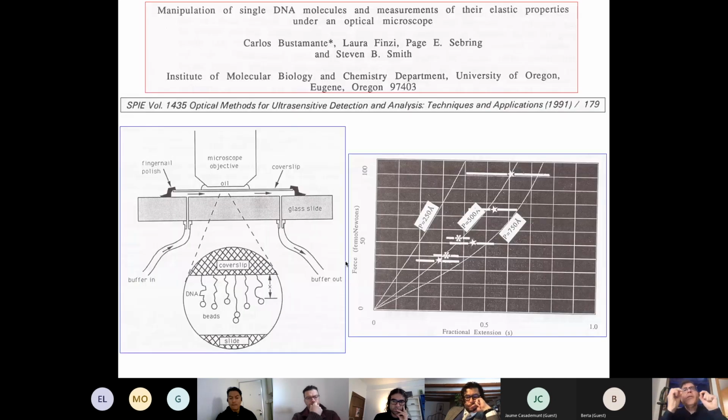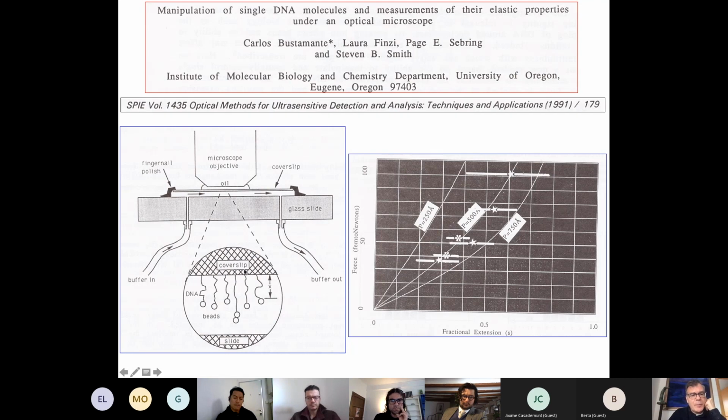So the idea of exerting force on molecules dates back to, I would say, 30 years ago, in 1990, when Carlos Bustamante, at that time he was in Oregon, thought about the possibility of using gravity as a force to pull on individual DNA molecules.